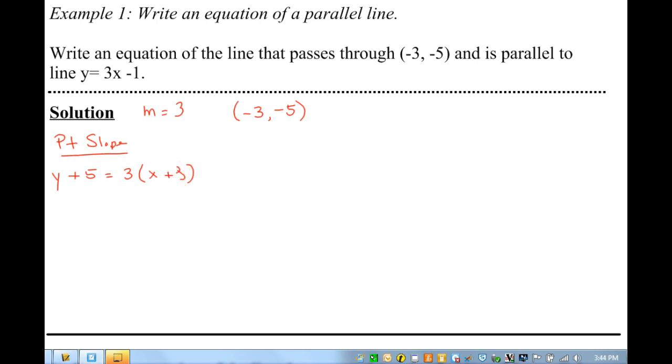Let me clean up that last 3 for a second. So that's your first option. Your next option, and again, you only have to do this once, so if you're satisfied with that, I'm good. If you would like to write it in slope-intercept form, you know that you can plug in -5 as a y coordinate, 3 as your m, -3 as your x, and you would need to find your b.